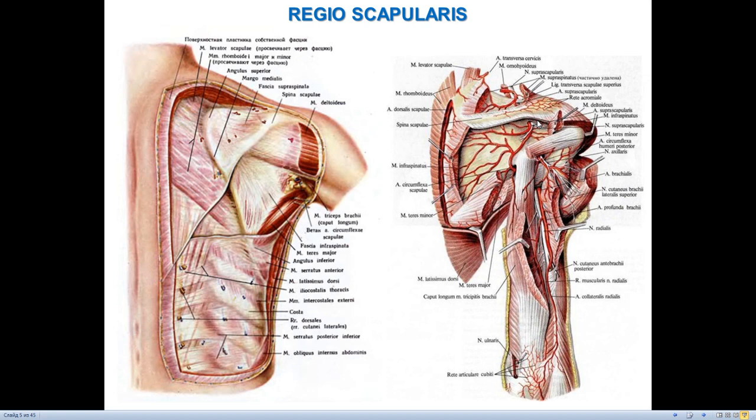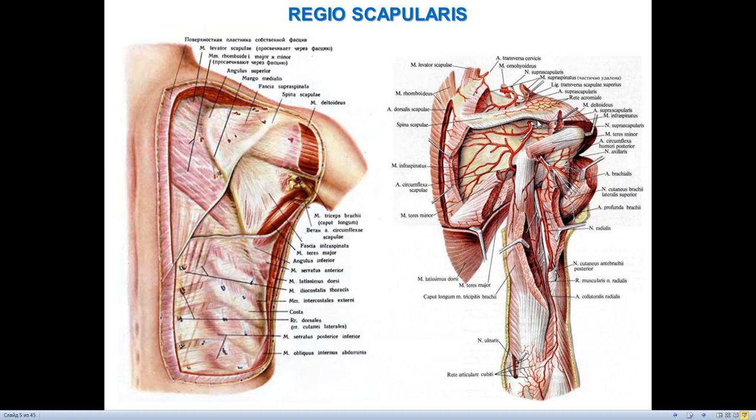The supraspinous space is formed by the fossa of the same name, fossa supraspinata, and the supraspinous fascia, fascia supraspinata.